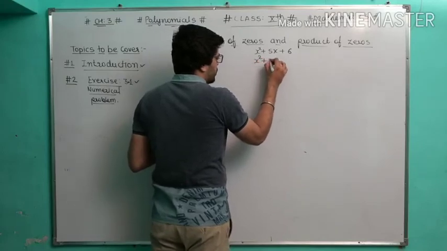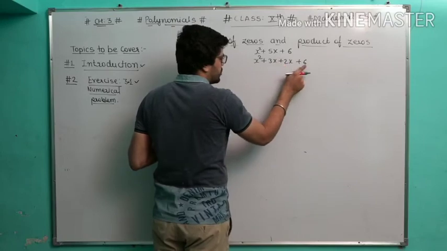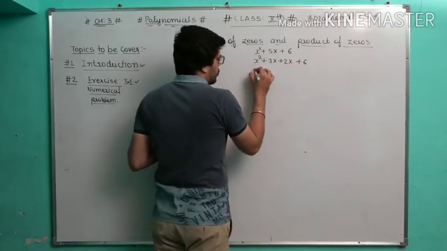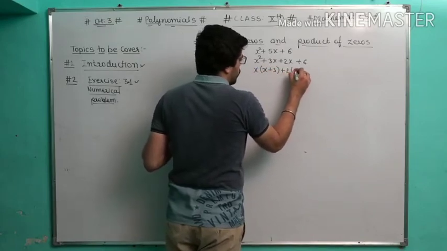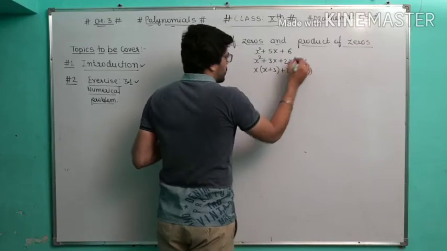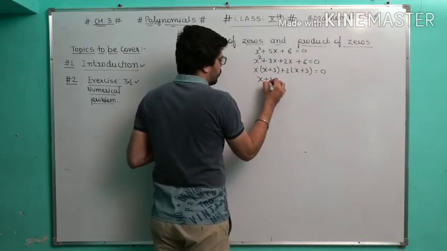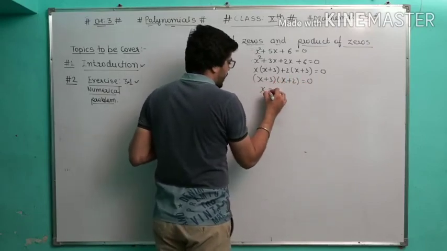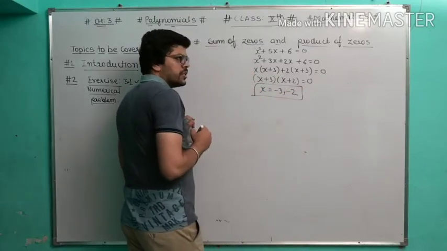X square plus 3x plus 2x plus 6. 3 into 2 is 6, and 3x plus 2x is 5x. So you take x common, this is x plus 3, you take 2 common, x plus 3, equals 0. Here you take x plus 3 common, and here x plus 2 equals 0, and x equals minus 3, and x equals minus 2.